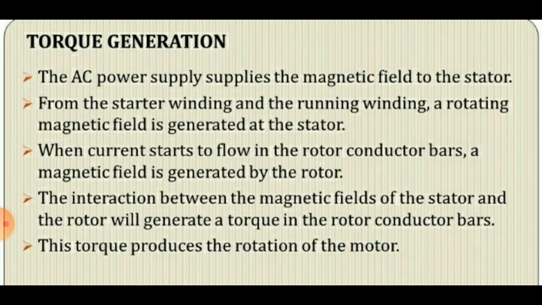When current starts to flow in the rotor conductor bars, a magnetic field is generated by the rotor. The interaction between the magnetic fields of the stator and the rotor will generate a torque in the rotor conductor bars. This torque produces the rotation of the motor.